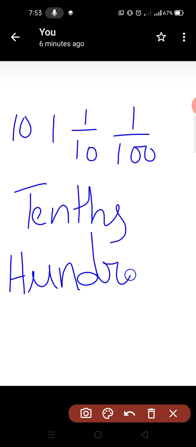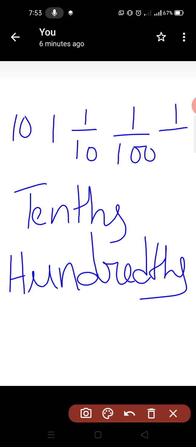If you take ones here, on the left side we take tens, hundreds, thousands, 10,000s like this. But on the right side of 1, after the 1 we take 1 by 10. This is called tenths, T-E-N-T-H-S. After the tenths place we take 1 by 100. This is called hundredths.